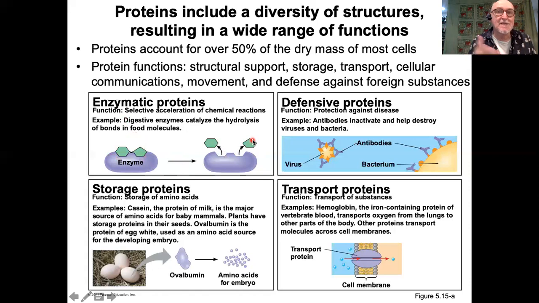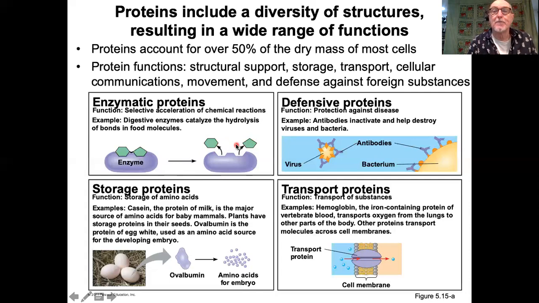That would be a typical enzymatic reaction. We'll hear a lot more about enzymes later on. Remember, 99% of the enzymes in the cell are proteins. There's one exception, and that is that some nucleic acids can act as enzymes.